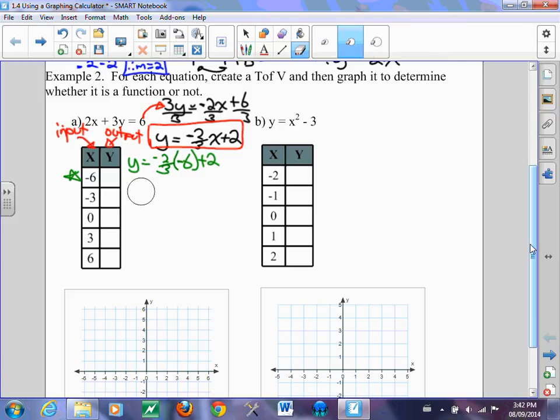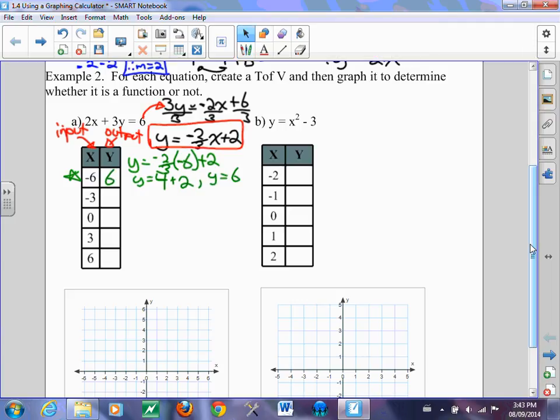I'm going to use same colors so that you see this clearly. So a negative 2 times a negative 6 is positive 12. 12 divided by 3 is 4. So I'll just show you a little simplification there. So that became 4 plus 2. So y equals 6. So you put a 6 in there.